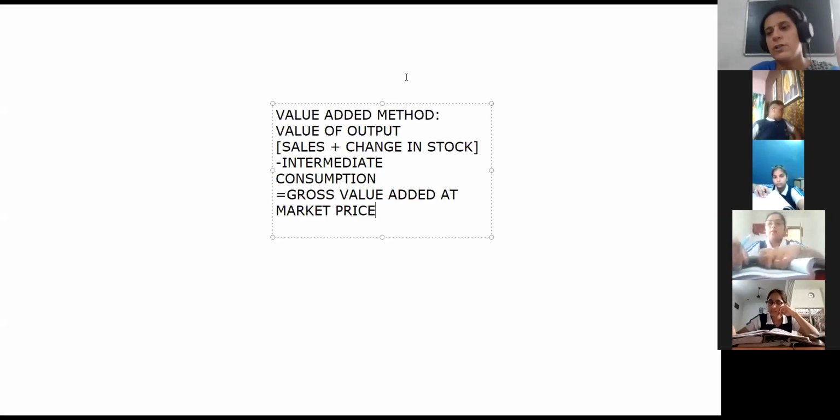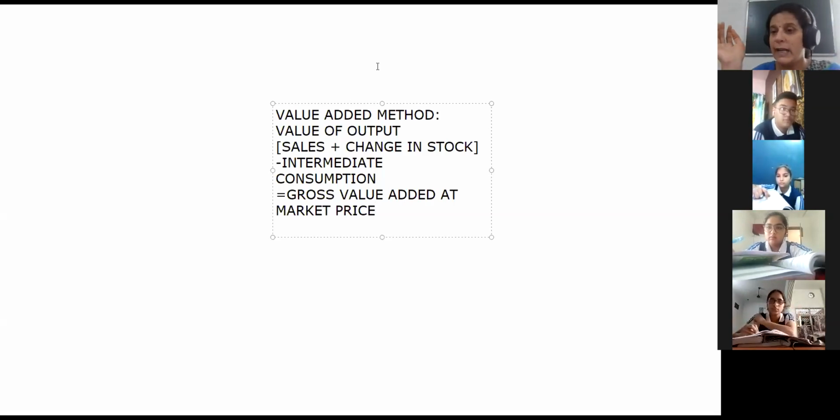Whatever things we purchase from the market, in that amount indirect taxes are included. So indirect taxes need to be subtracted from the national income, and whatever subsidies are given by the government to us need to be added.